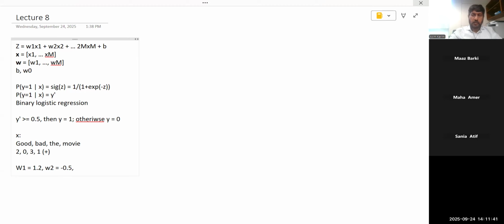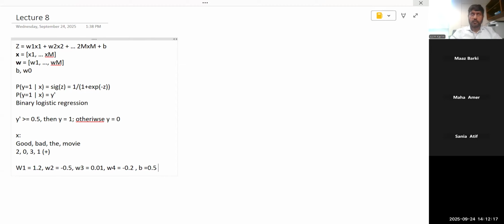And the usually would be a neutral kind of thing. W3 is for the, so I'll take a small value, 0.01. And movie again is kind of neutral. W4 should be neutral, but let me take minus 0.2. And let's say the bias term b is simply 0.5.